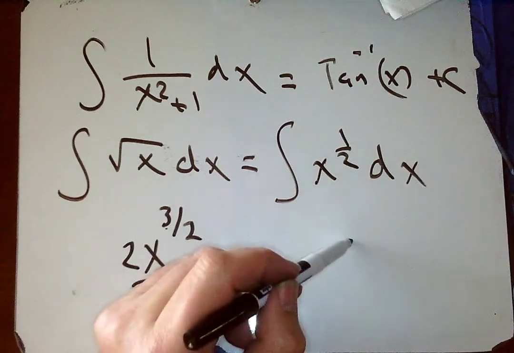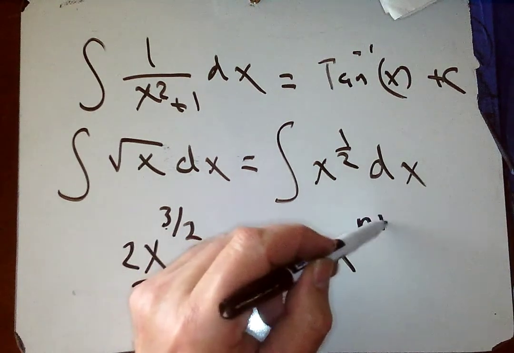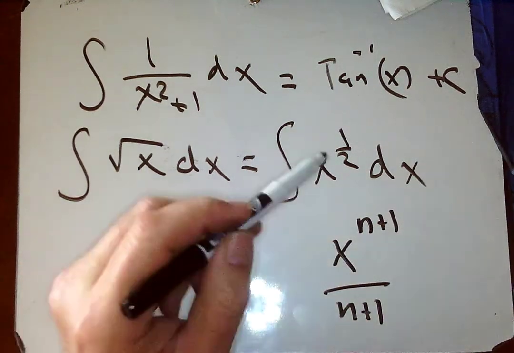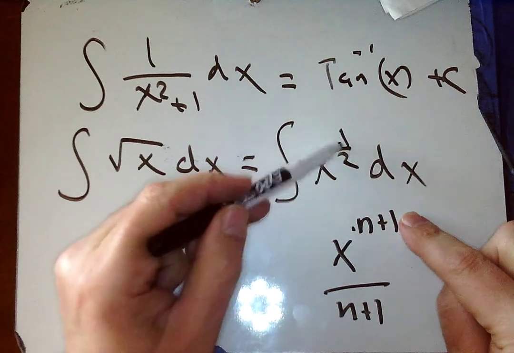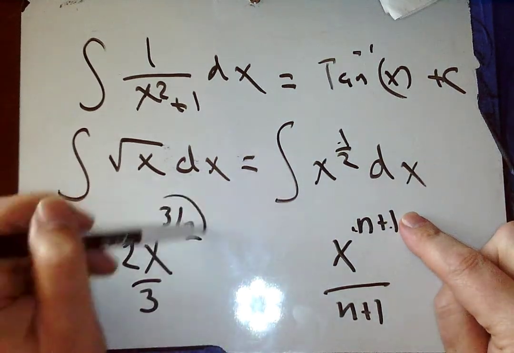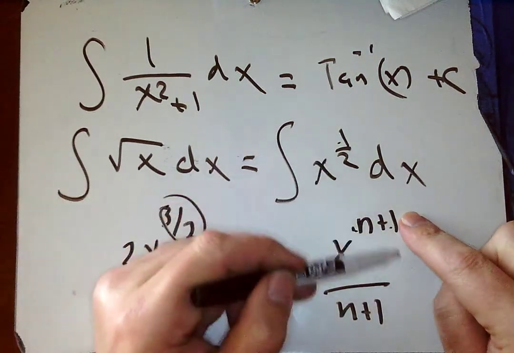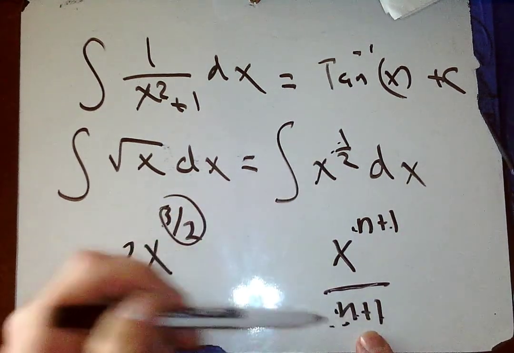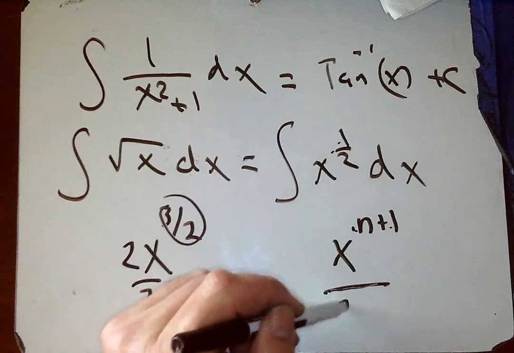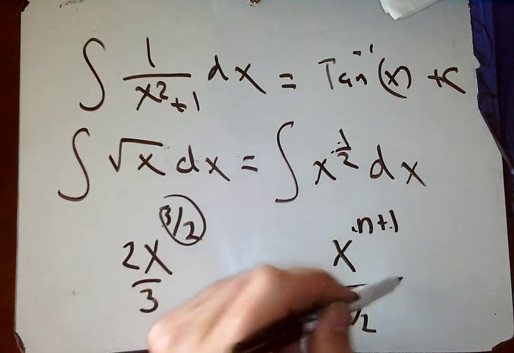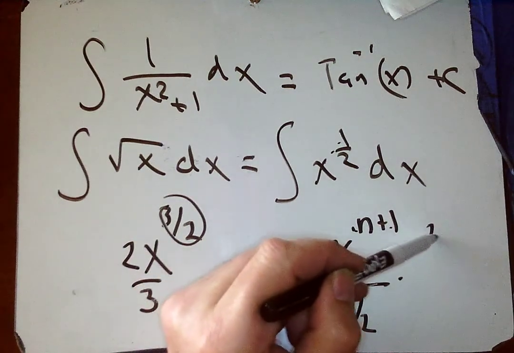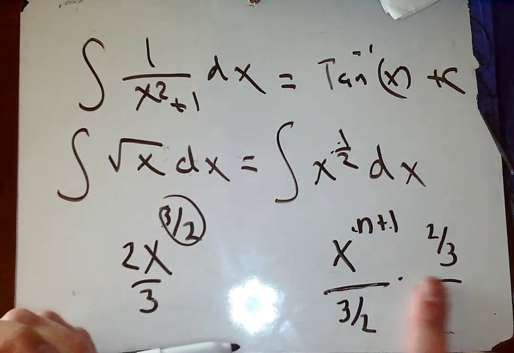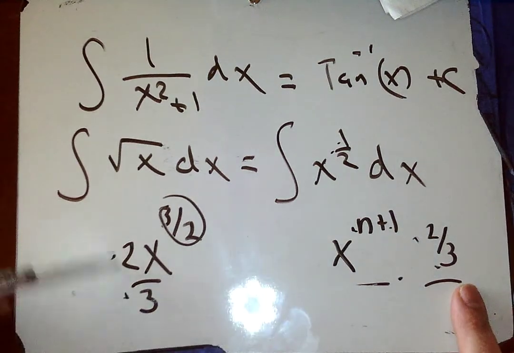If you're thinking about x to the n plus 1 over n plus 1, that's working too, because if I have 1/2 plus 1, that's going to be 3/2, and that's over n plus 1. That's going to be 3/2. Well, if I put a 3/2 down here, and I do that flip and multiply that Mrs. Rowan taught me about in the 7th grade, these turn into 1, and there's my 2/3.